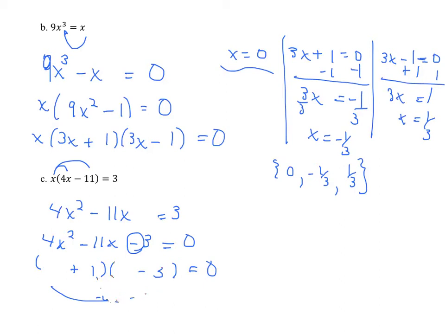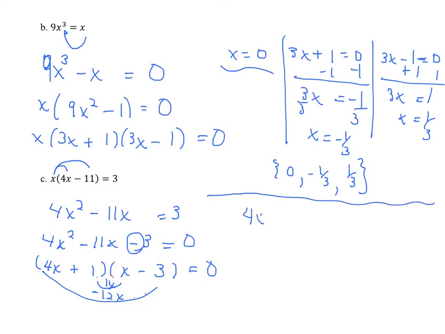And that's pretty big. So what I'm going to try to do, and I don't normally do, is pull out the 4 and the 1. So I'm going to put a 4x here and an x here and then check it. So in, I'm going to have a 1x, out a -12x. Now I'm all set. I have -11x in the middle. So it's factored quite nicely. We set each factor equal to 0.